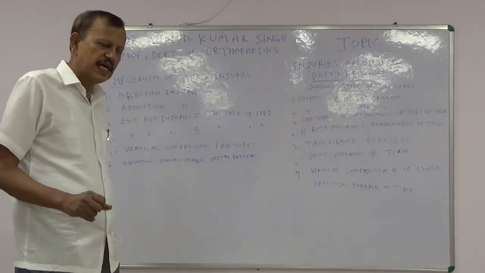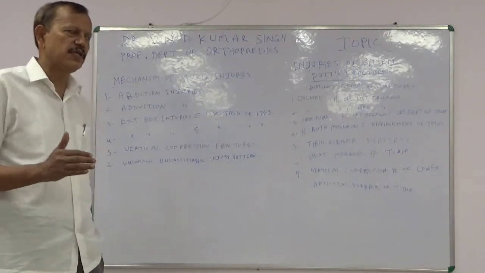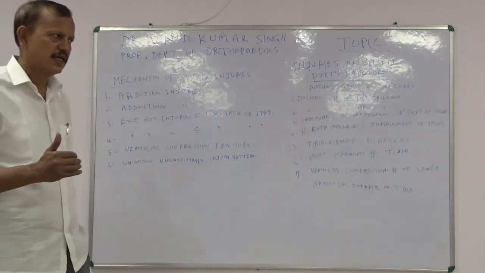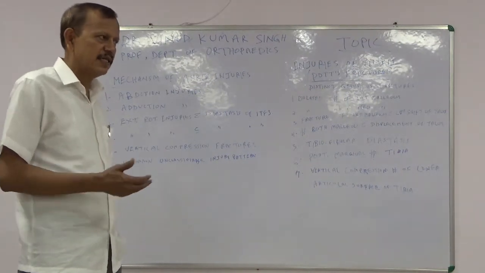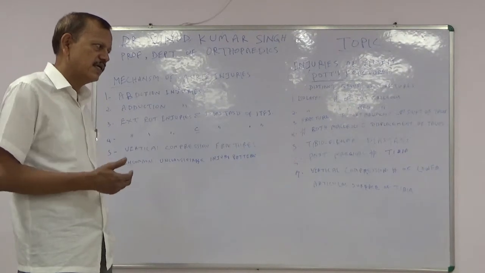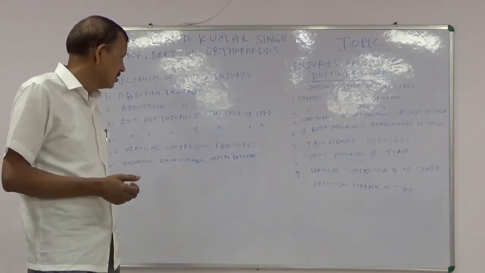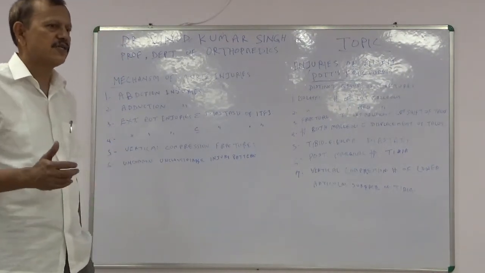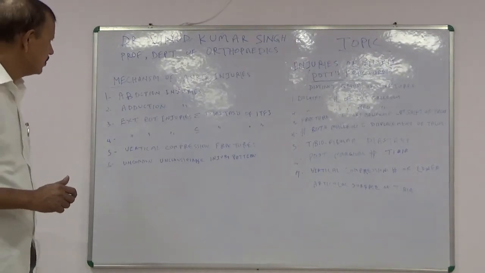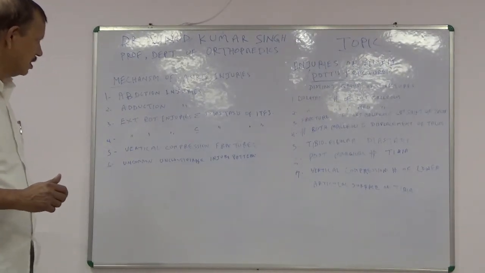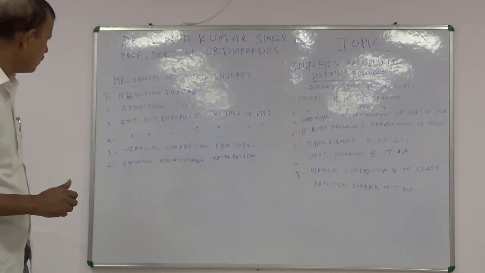If there is any discrepancy between the width of the medial malleolus and the lateral surface of the talus, and the inferior tibiofibular joint, that is the ankle joint, then we must take a stress X-ray to know whether there is subluxation or diastasis of the tibiofibular joint or not.